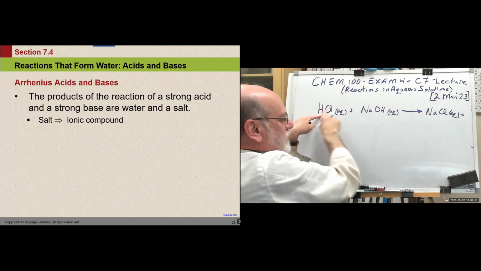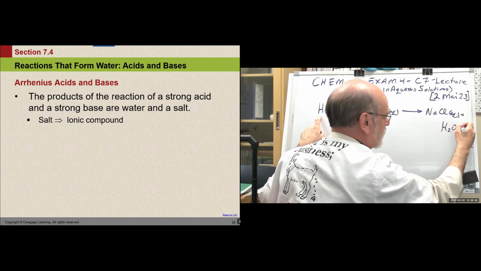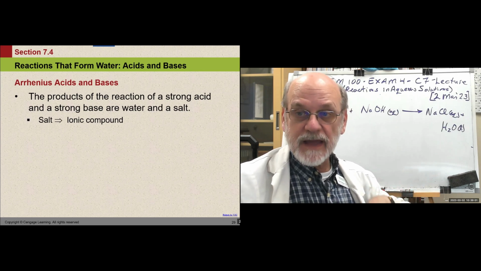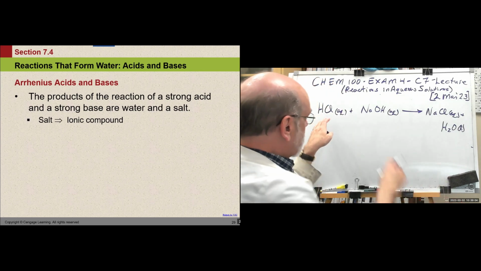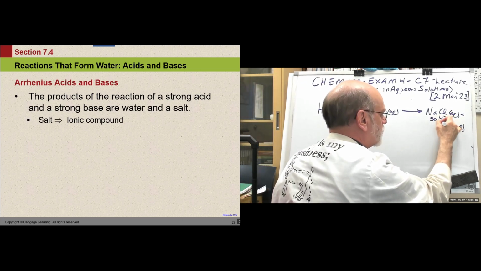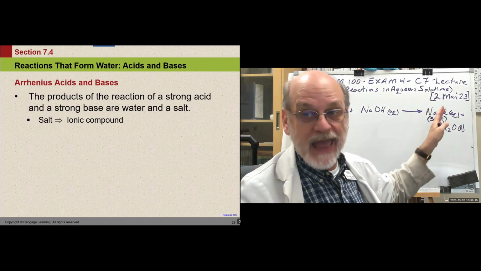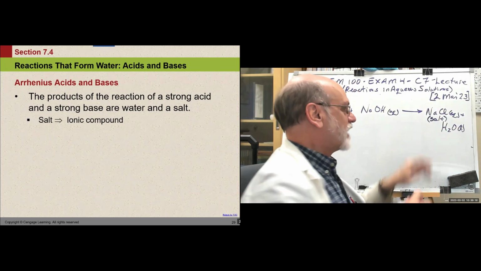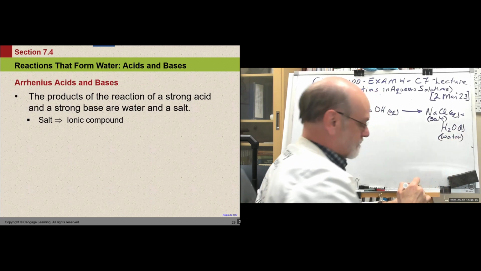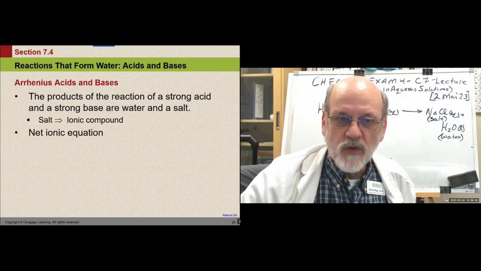And then the hydrogen ion can associate with the hydroxyl and produce water. This is a typical acid-base reaction. And by definition, an acid and a base produce a salt, not just table salt, any salt. It could be any cation, any anion from this reaction, and water. Okay, that's what you get from an acid-base reaction. You get a salt and you get water.